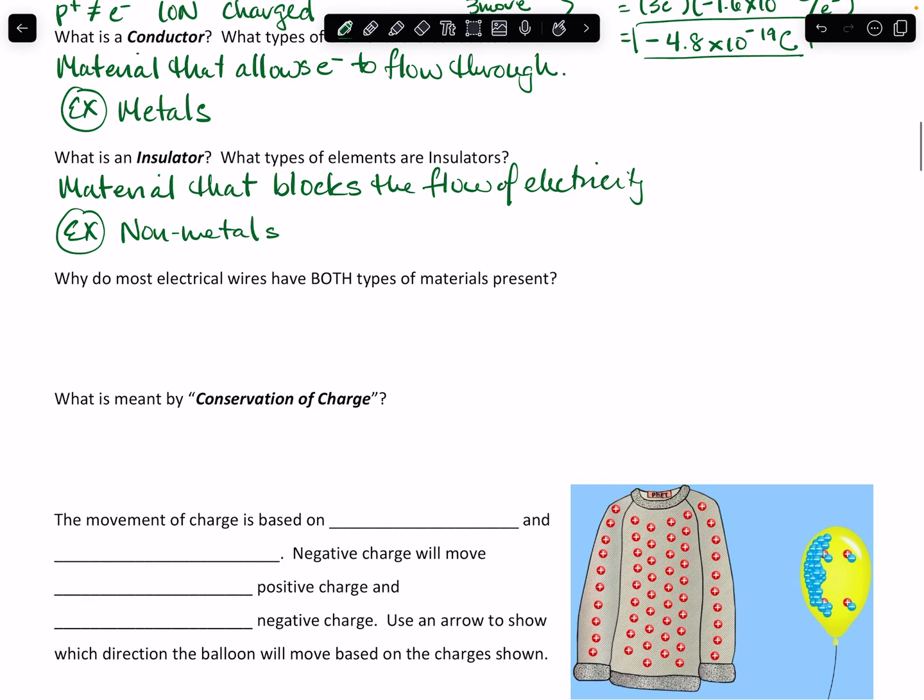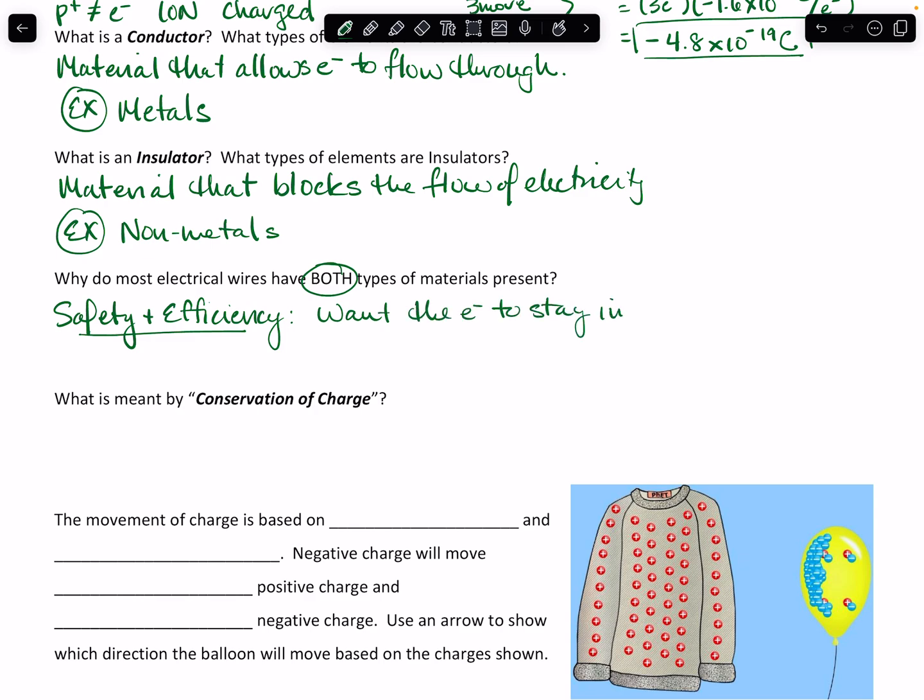Why do most electrical wires have both types of materials present? Well, generally it's for safety and efficiency. The safety part, we basically want the electrons to stay in the path of our choosing.